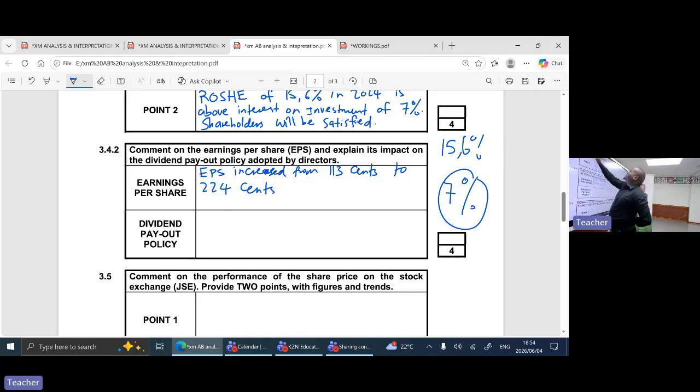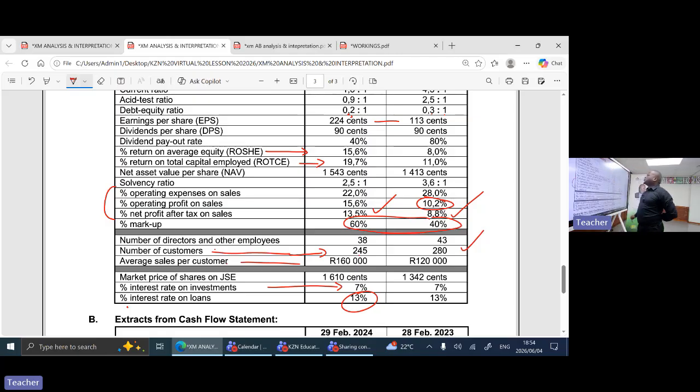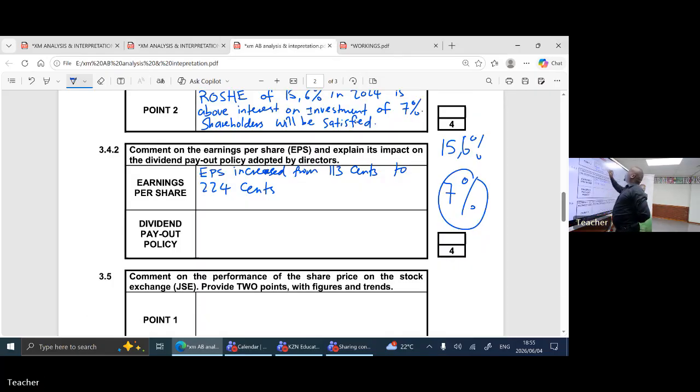Right. Then they decided they are going to give their shareholders 80% in 2024. Then they decreased the dividend payout to 40% to save for the future, right? So how much did they give their shareholders? They gave their shareholders 40%, right?